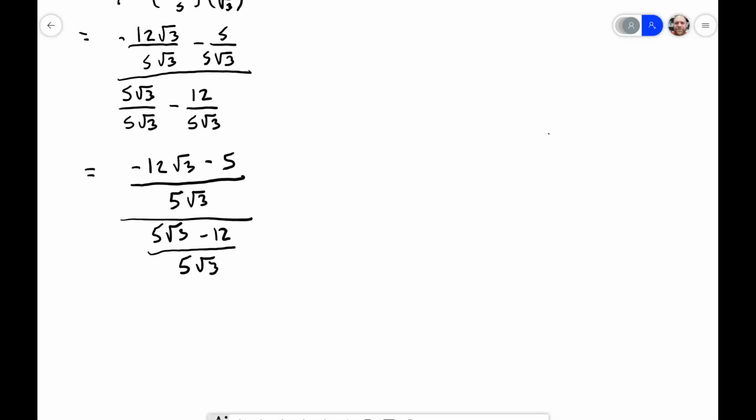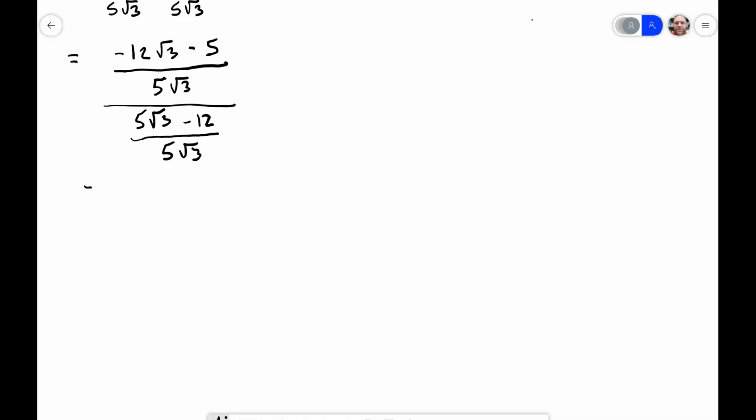Now I have the same denominator on both the top and the bottom. I can multiply the top and the bottom by 5 root 3 to cancel those out, or multiply the entire top by the reciprocal of the bottom, and those will cancel out. This gives me negative 12 root 3 minus 5 all over 5 root 3 minus 12.